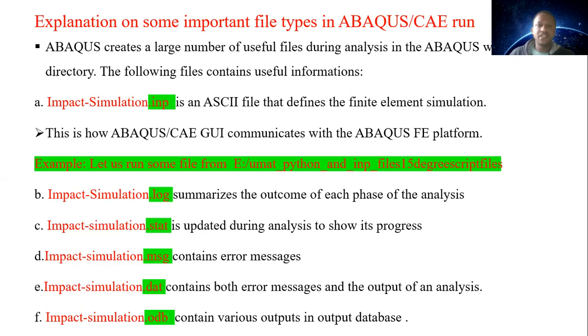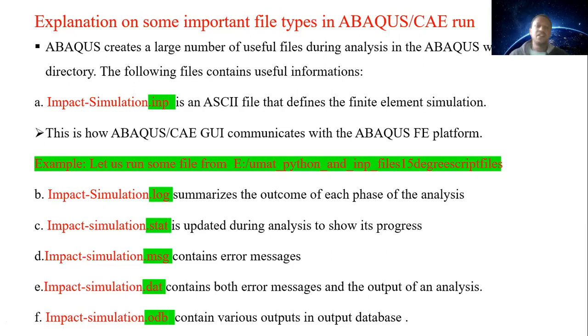Among them, the inp file is the one which is already there. It is an ASCII file, and that defines the finite element simulation. So we can separately keep the inp file, and we can also rerun whatever we have done.